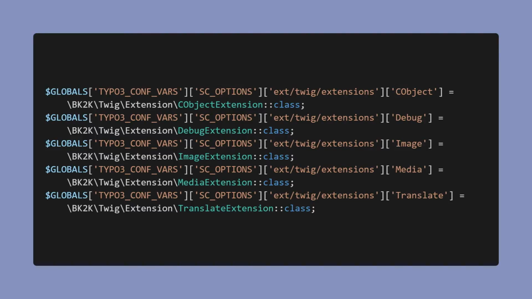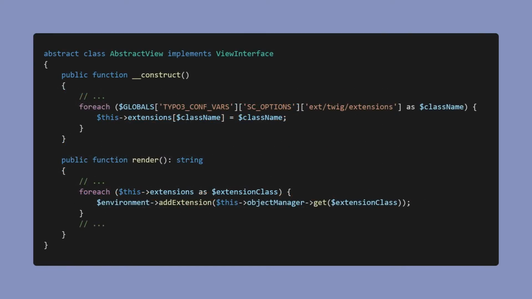That means we will register a new extension called CObject, debug, image, media, translate, and, well, everything else we have in stock for that. It will be called relatively easily in our construct function of the abstract view that just iterates over the stuff and assigns these extensions to the environment.